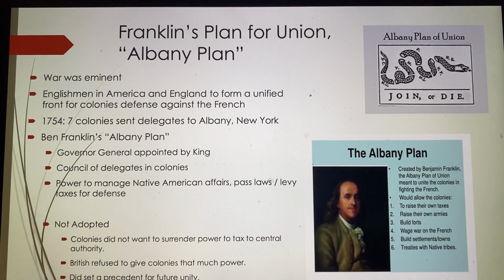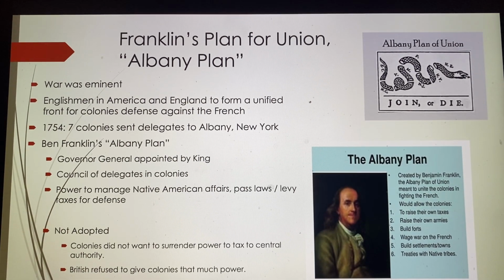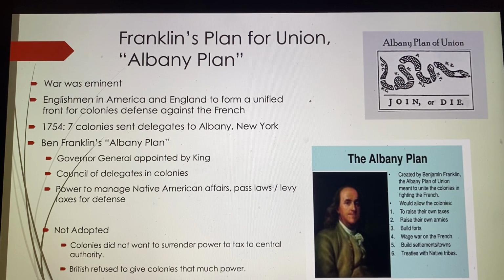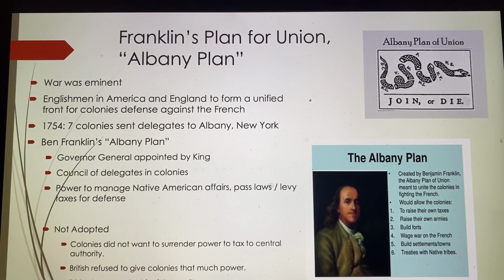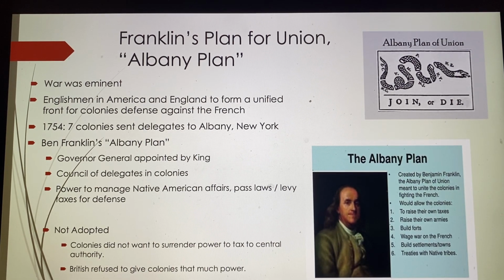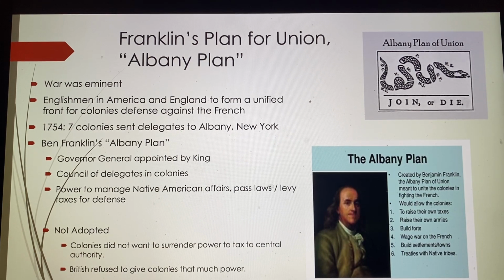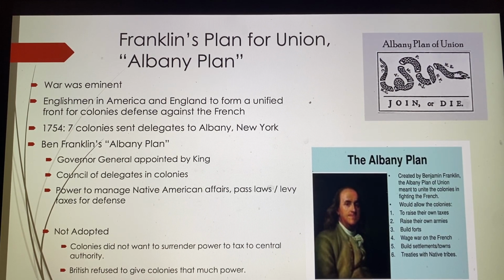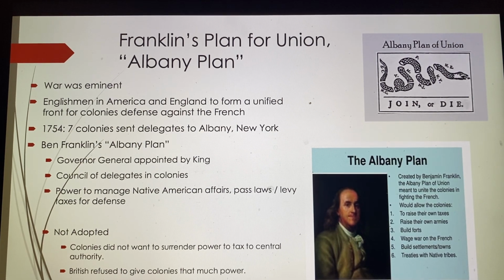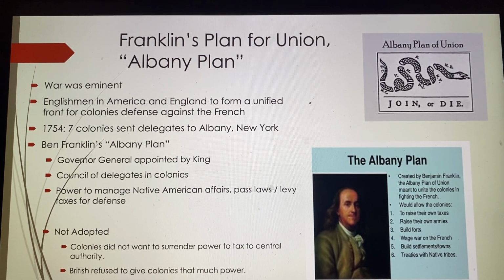And Benjamin Franklin knew that the war was imminent. It was coming. So Englishmen in America and England had to form a united front together for the colonies' defense against the French. He said, we have to unite. Our colonies need to unite.